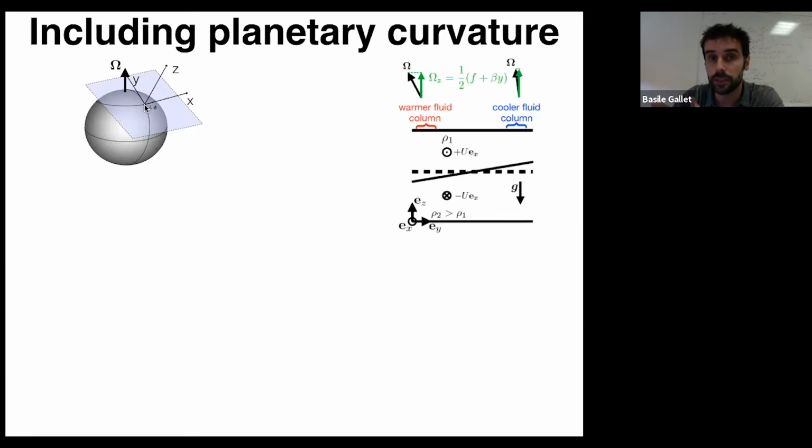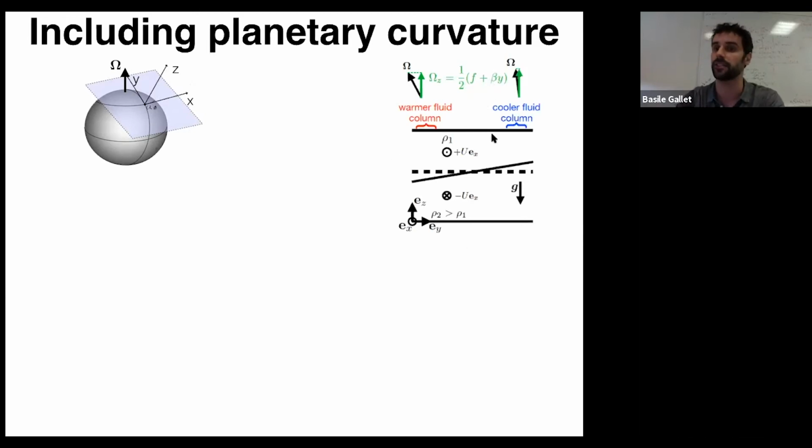What we said is, it's pretty much a constant here, but that's not quite true. The orientation of the z-axis depends on the latitude, and so the projection of omega onto z depends on the latitude as well. And you can include that using Taylor expansion and saying that the planetary vorticity is a constant plus a linear term in the y coordinate.